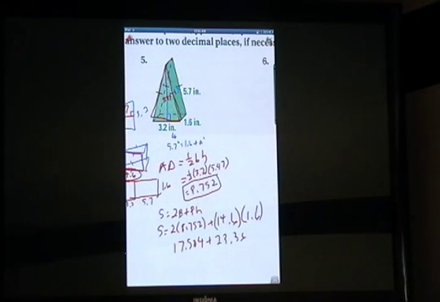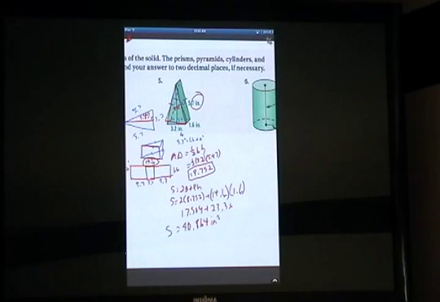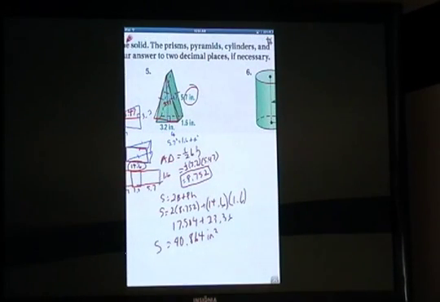I'm adding them together now, so the surface area is equal to 40.864. 40.864, and that's in inches squared because it is area. And the directions tell us to round our answer to 2 decimal places, so that would be 40.87 inches squared.